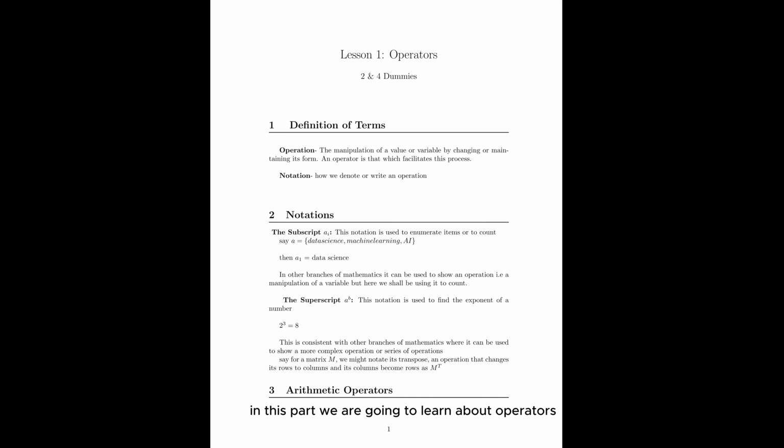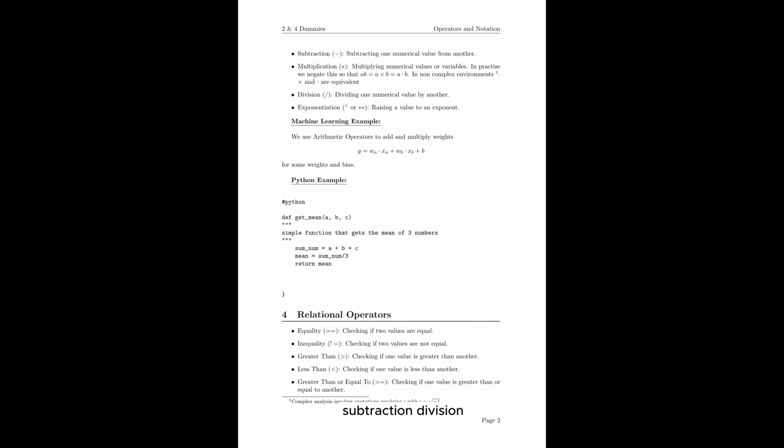In this part, we are going to learn about operators, and we are going to begin with the most elementary, which is the arithmetic operators. These are addition, subtraction, division, multiplication, and in some way exponentiation, which is a multiplication kind of operation.